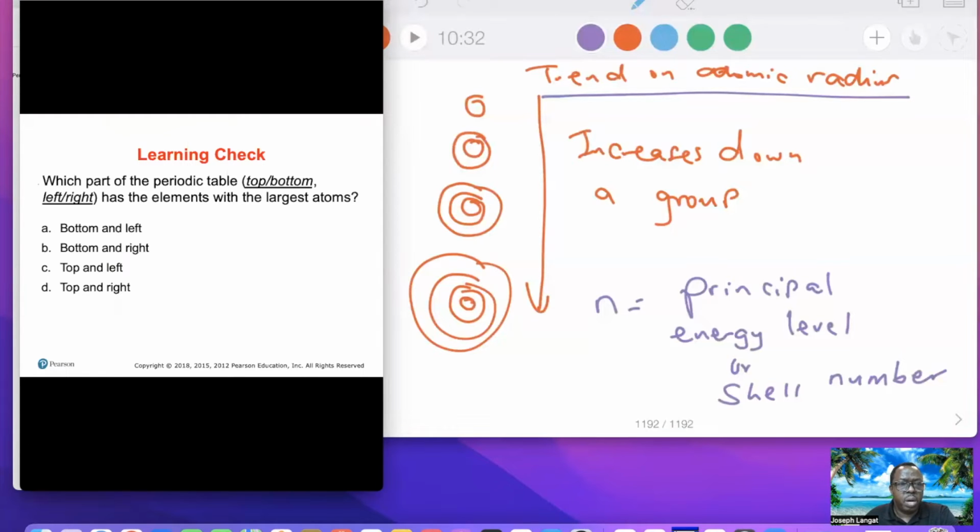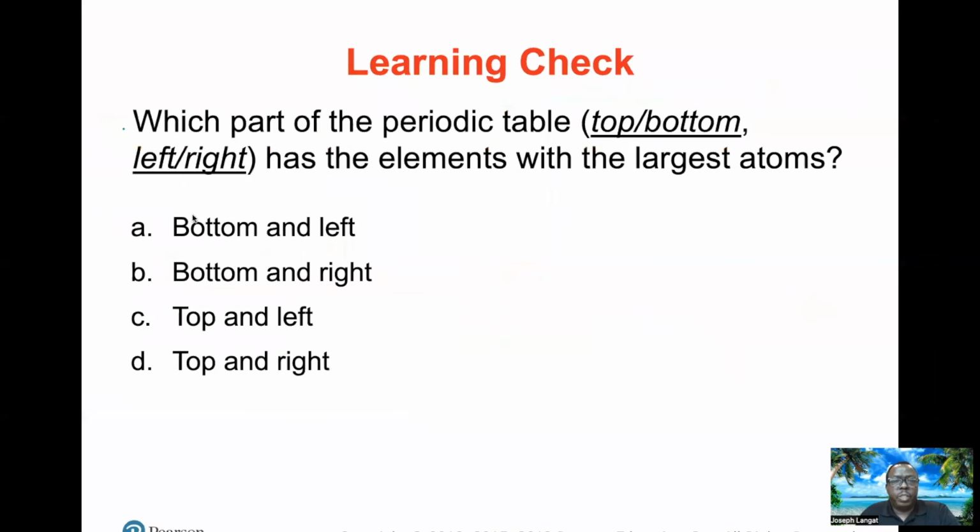All right, which part of the periodic table, top, bottom, left, right, has the element with the largest atomic radius? It is bottom left on the periodic table. It's a concept you need to know.